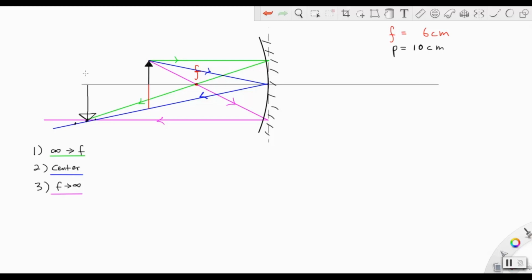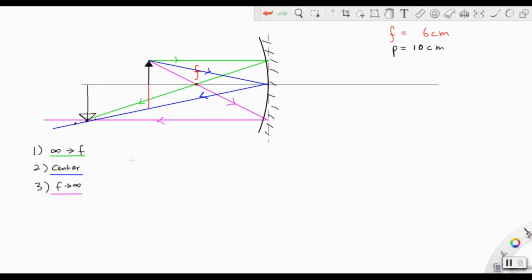Does it have a magnification of greater than 1 or less than 1? So it has a magnification of greater than 1. It is inverted. And is it virtual or real? In this case, since the rays are actually meeting at that point, it's a real image. You can burn leaves with it. If you burn leaves with it, it's a real image, essentially.